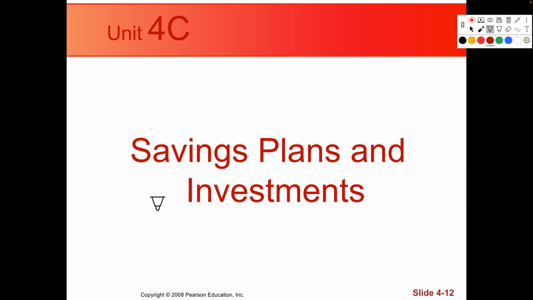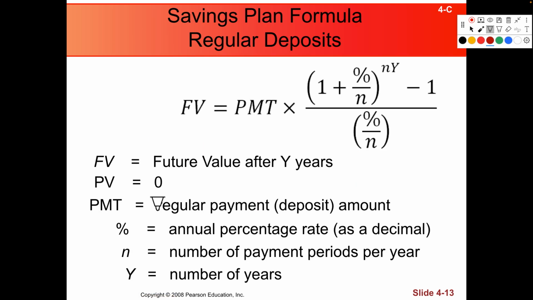So savings plans and investments. Sometimes we have a deposit, but oftentimes what we're doing is making monthly payments into our savings. Maybe we have a job and our employer takes some of our money out and invests it for us, or invests it in a plan that we pick. This would be the formula. And again, we won't be required to use this formula.